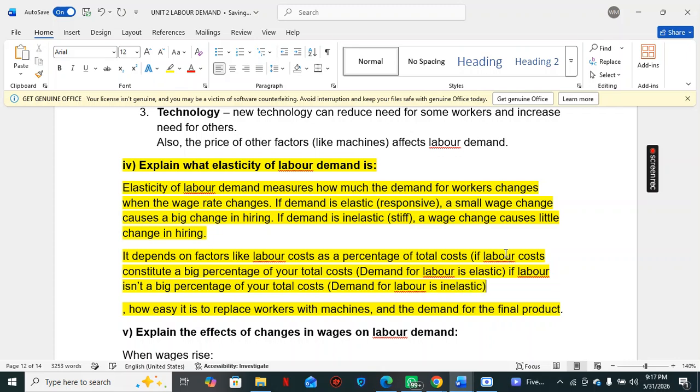All right, colleagues? Meaning the wage rate can increase even by 5%, your total costs won't increase by a big amount, and you can still maintain the number of workers you have. So your demand for workers is not that sensitive. Any questions on this one?